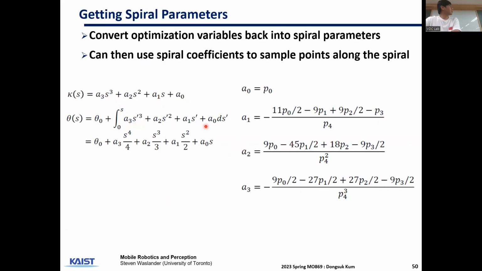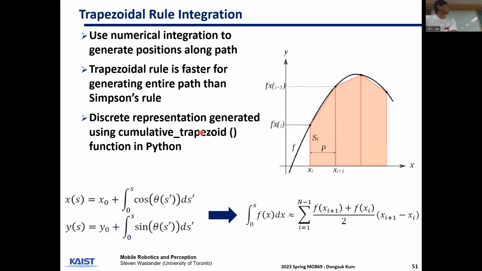Because of the integration here, usually we also use numerical integration to generate the positions. Another way, besides the previous Simpson's rule, is to use the trapezoidal rule integration.